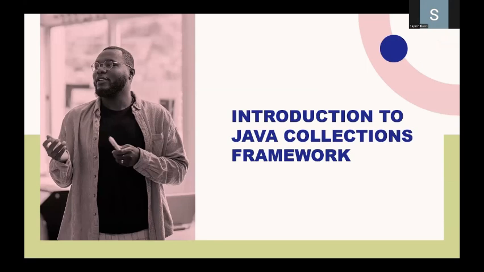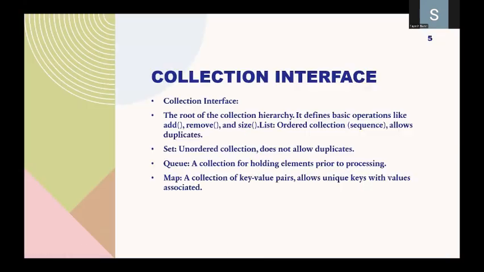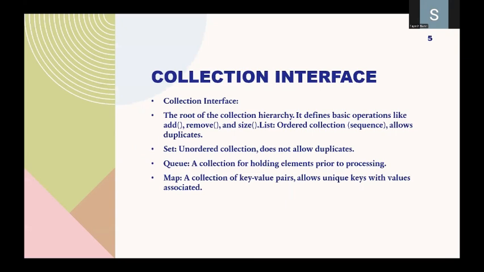Now here we'll be starting with the introduction to Java collection framework, beginning with the core interfaces of the collection frameworks. So what are the core interfaces? The collection interface means the root of a collection hierarchy.